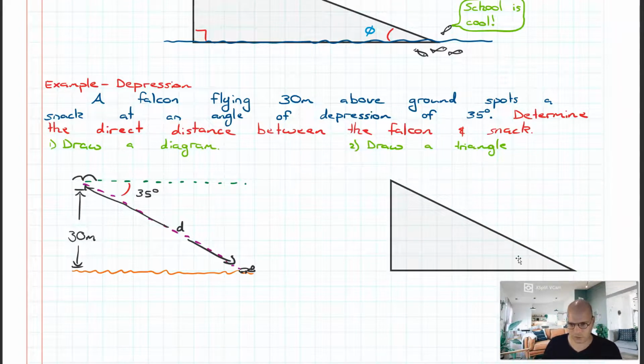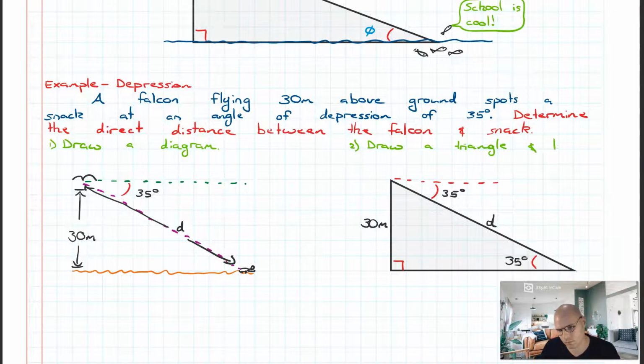I'll draw a nice big triangle and then I'm going to annotate it. So 35 is on the outside, the right angle is going to fit in here. The quantity that we're trying to solve for is this side over here, and we know this side is 30 meters. If this angle out here is 35 degrees, then this angle in here must be 35 degrees due to alternate angles.